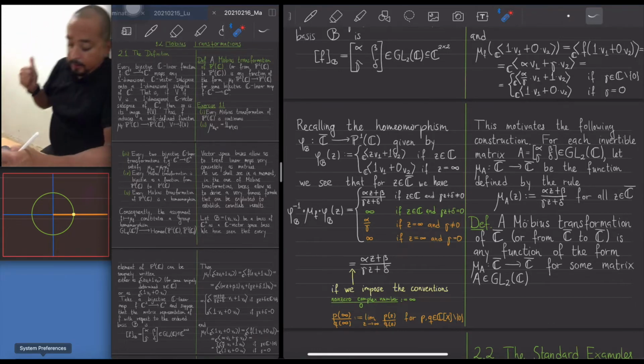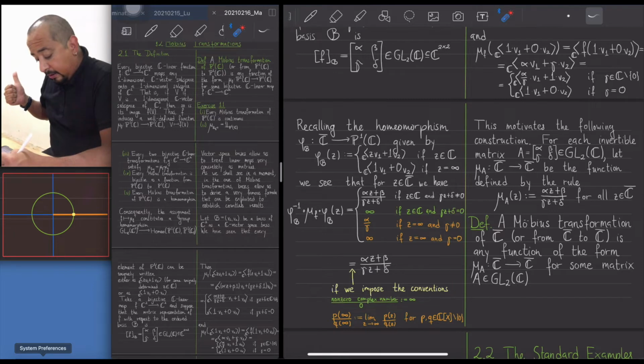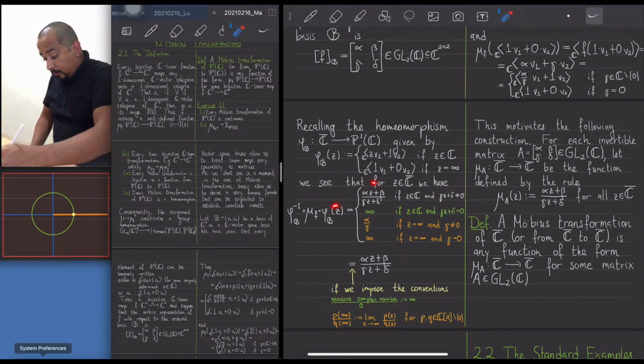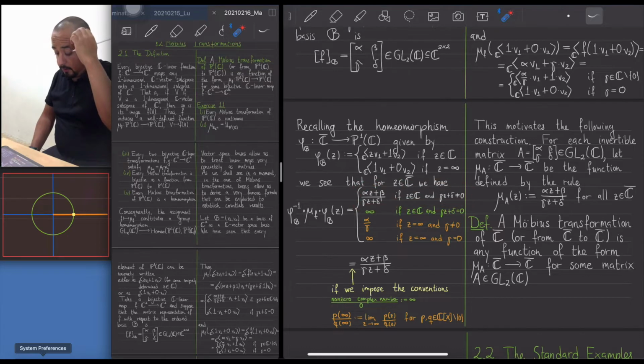Only one of them, and there is at most one point where gamma z plus delta is equal to 0. So for at most 2 points, I cannot apply this formula. So that's the formula that really dominates.